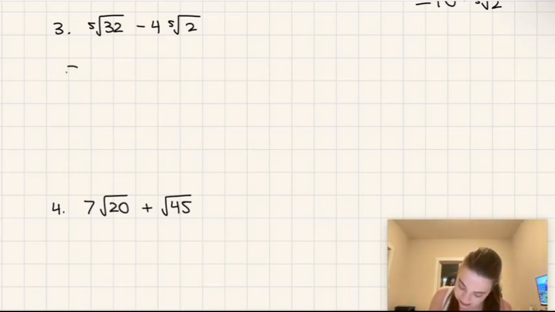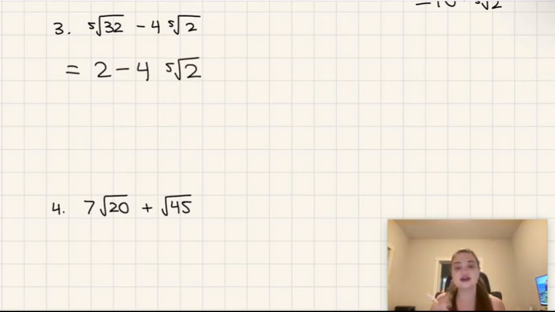So I'm going to rewrite this as 2 minus 4 times the fifth root of 2. And that's actually all we can do to simplify this. We can't do anything further to fully combine these, unfortunately, without just going into decimal numbers. So this is all we can do for this one.